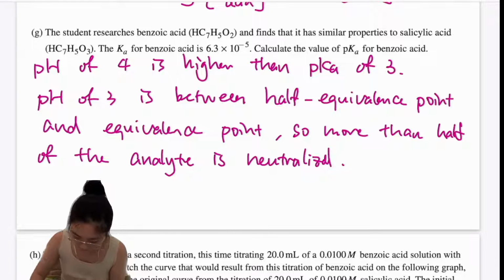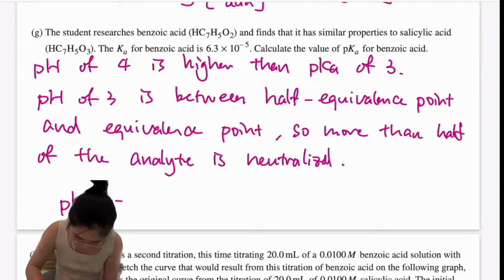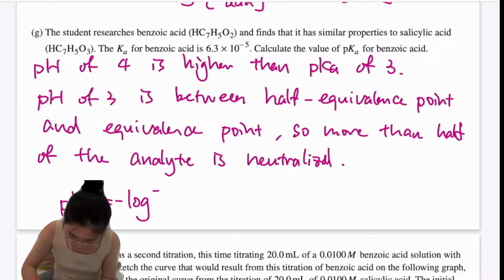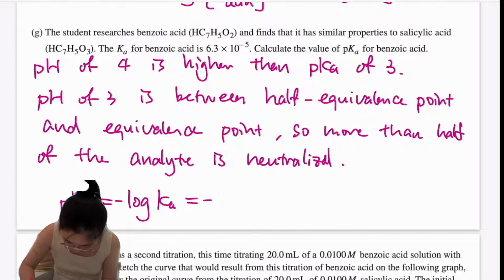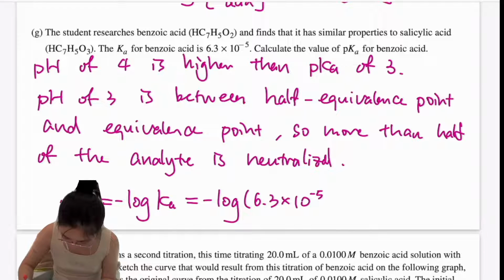So pKa literally just means taking the log of the Ka value and then putting a negative sign in front of that. So it is negative log of 6.3 times 10 to the negative 5.